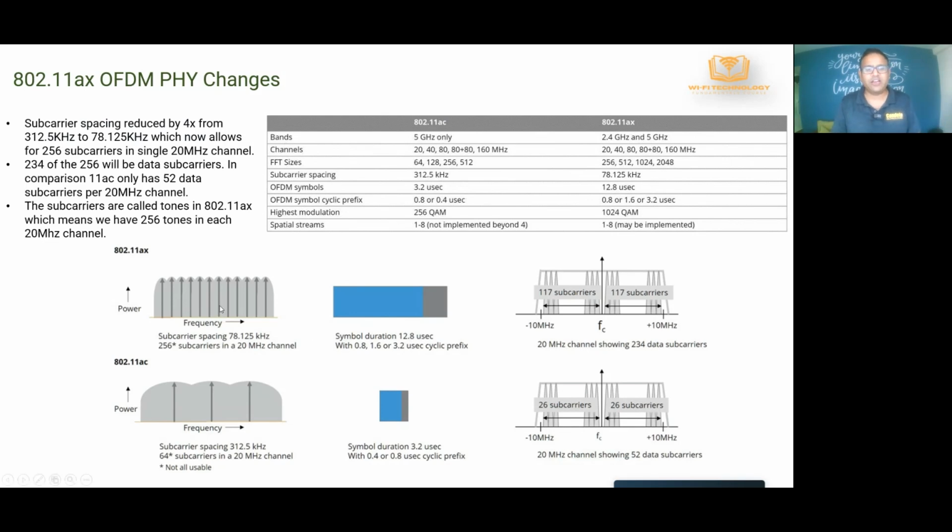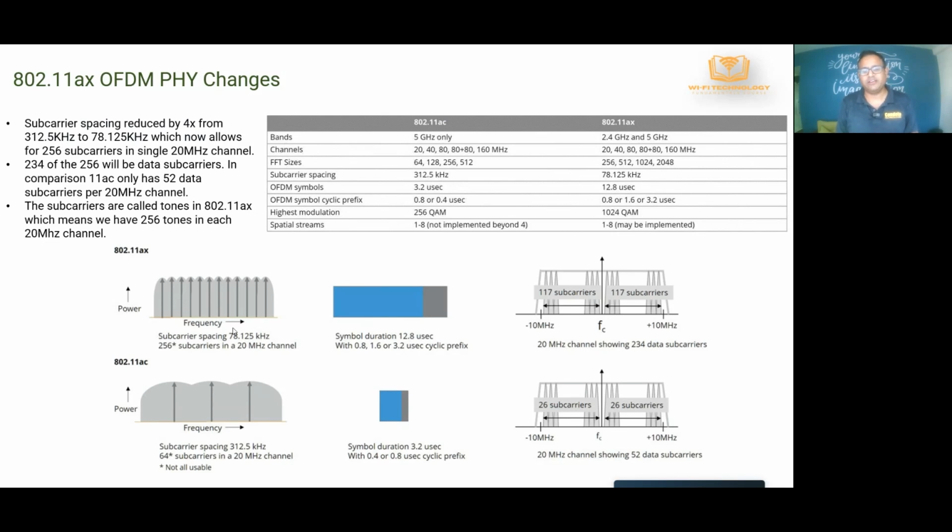And that allows us to pack more data into the same 20 megahertz spectrum. So while 11AC can do about 64 subcarriers, now 11AX can do 64 times 4, 256 subcarriers within the same 20 megahertz channel. So now you're able to send about 4 times the amount of information.